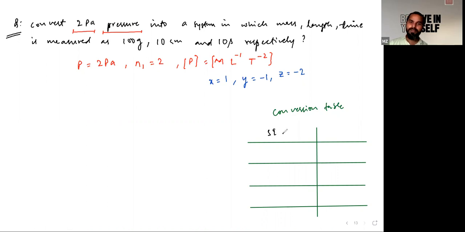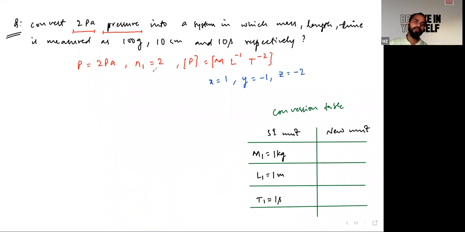So we can call this particular term the SI unit. The new term in which we have to convert, we call this particular the new unit. In SI unit, mass, length, and time: mass would be converted in terms of kg, length would be in meter, and time would be in second.